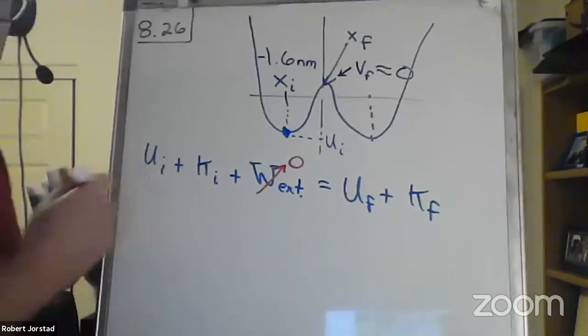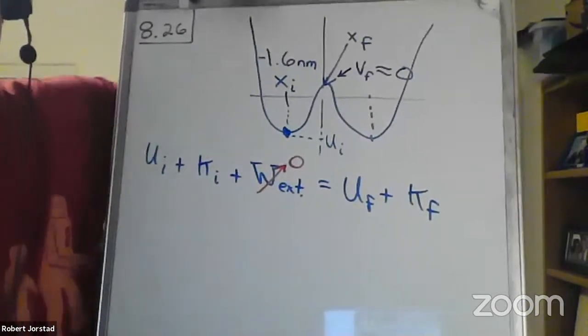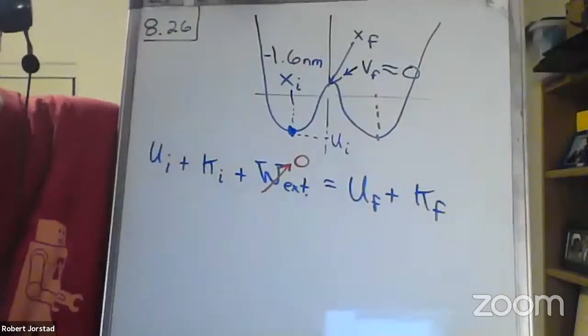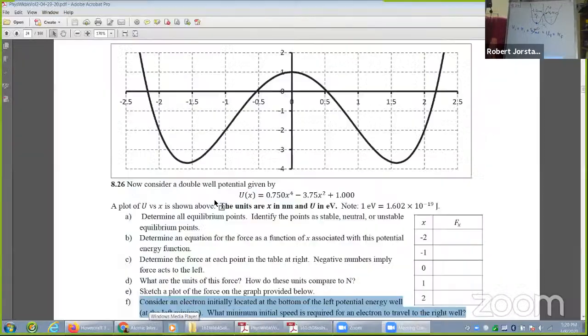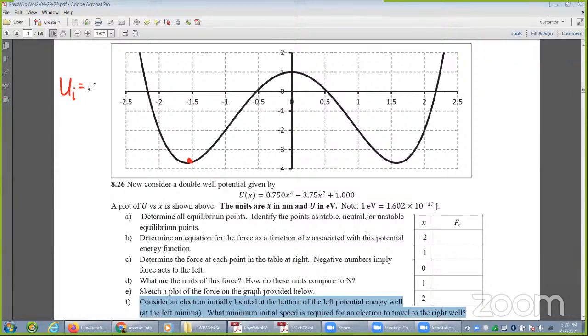I know U initial. Let's bring the graph back up. All right. What's the initial value of potential energy we have for this problem? We're starting right here. Give me a number. 0 at that point, right? Nope.